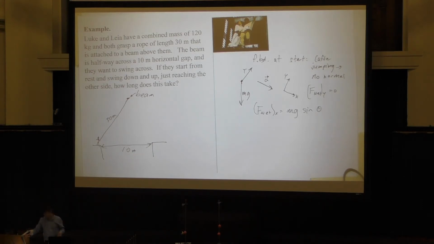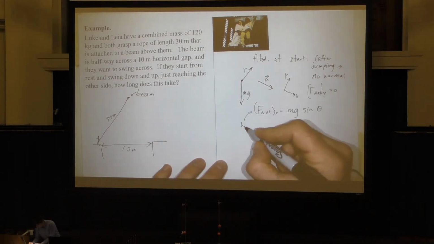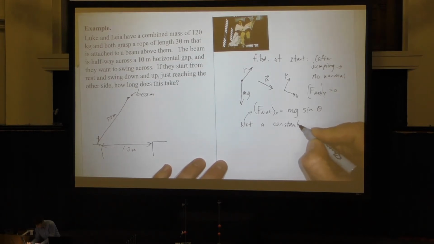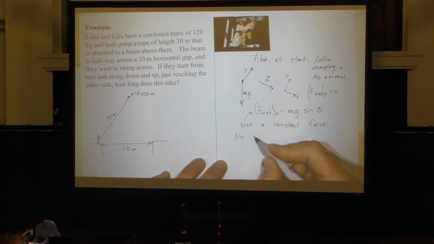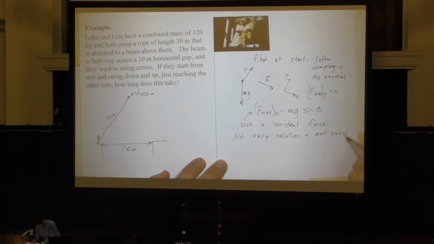See, this is the problem, it's not constant. Theta is going to go down to 0 and back up the other side. So this is not a constant force. We're kind of not able to solve this. Okay, well, I could write a Python program to solve it. But there's no easy solution. It's not constant acceleration.